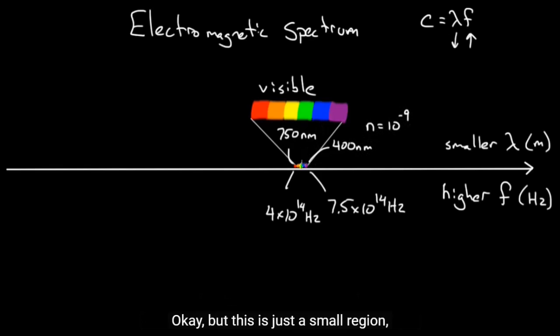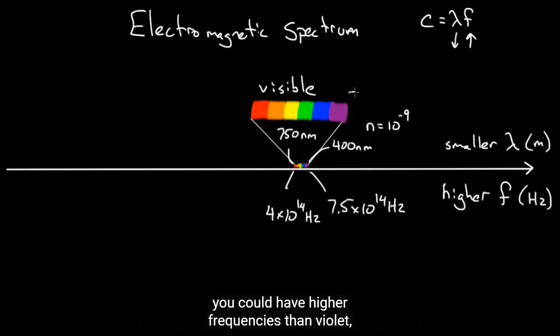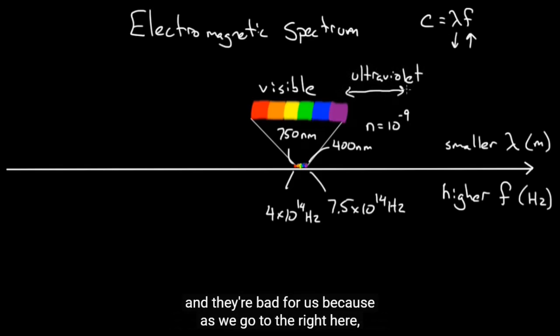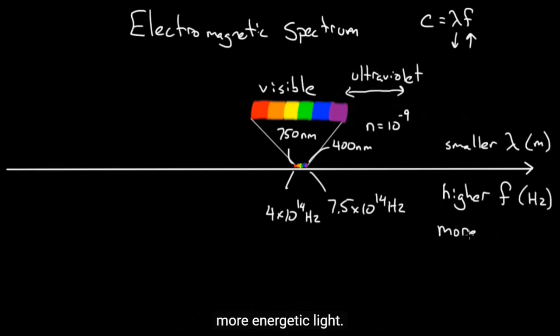Okay, but this is just a small region. You can have higher frequencies than violet, and what do we call those? We call those ultraviolet. And we know these are bad for us, because as we go to the right here, higher frequency also means more energetic light.